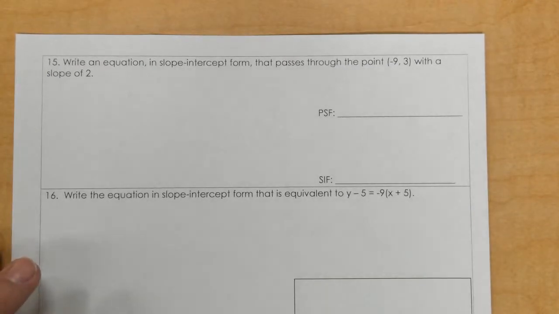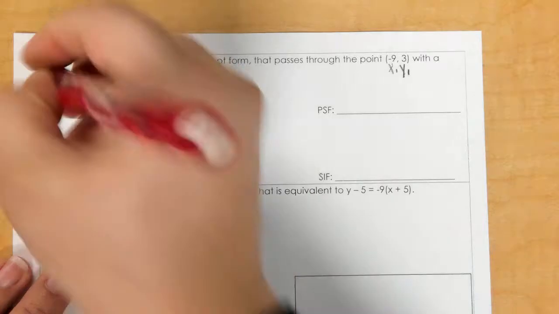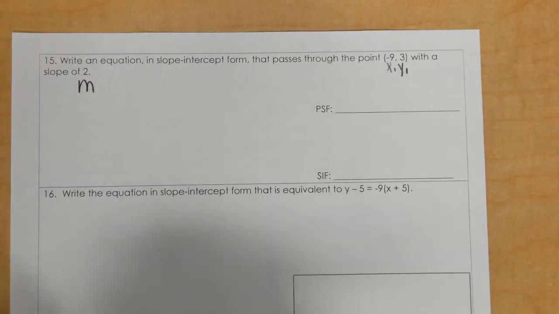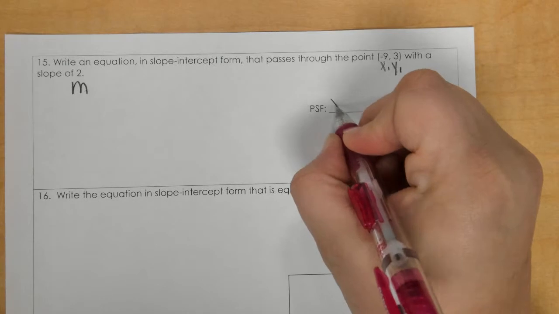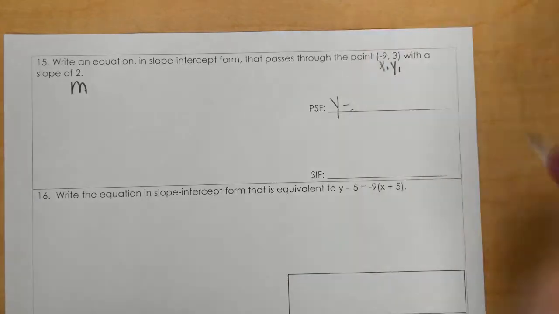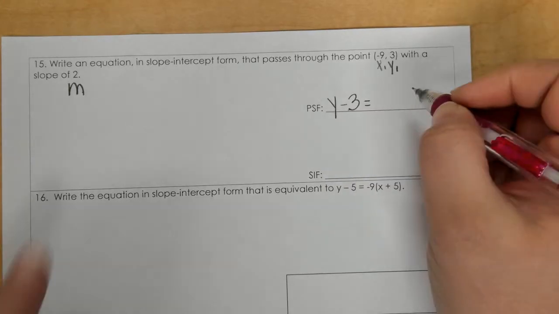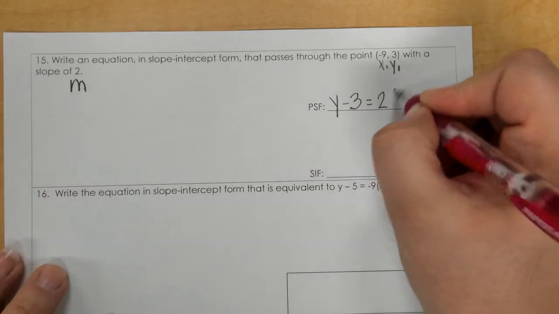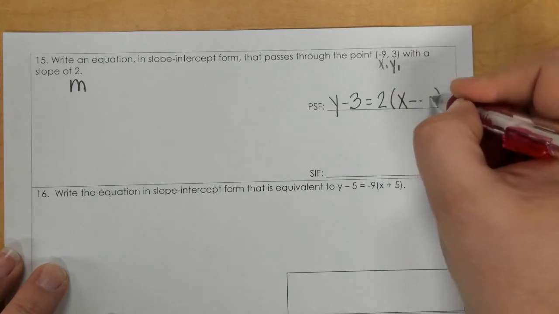In number 15, we have x1 and y1 and our slope of 2. We need to plug this in, to y minus y1. y1 is 3. Our slope is 2. And then we have x minus our x1, which is a negative 9.